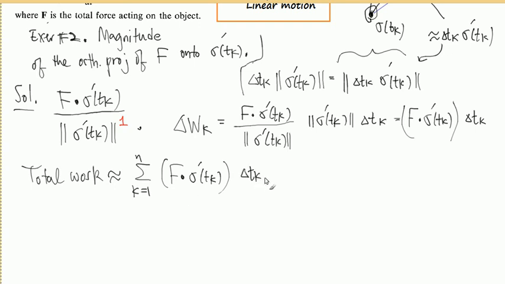You sum up all that. That's the total work done along this path. So this is the Riemann sum, everything in terms of tk. This approach leads to this integral, where the integrand is a scalar but constructed out of vector functions, and this tk becomes dt. So the parameter t, however you parameterize this path, goes from t equals a to t equals b.